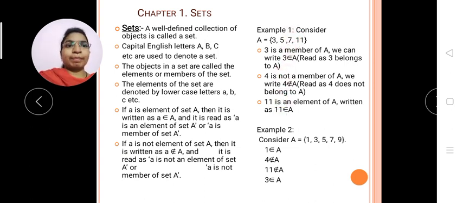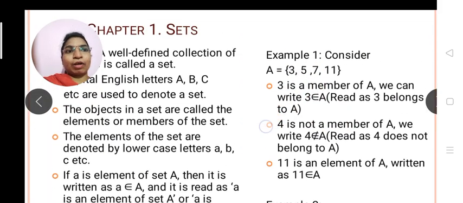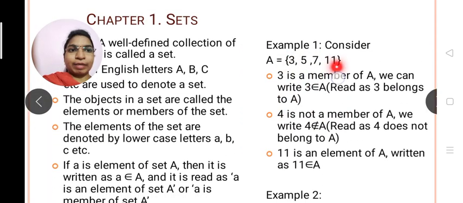Now an example will make it clearer. Listen, one example I am taking. A is a set. Always remember that when you are writing the elements of a set, they are written in curly braces and separated by commas. That is also a very important note.